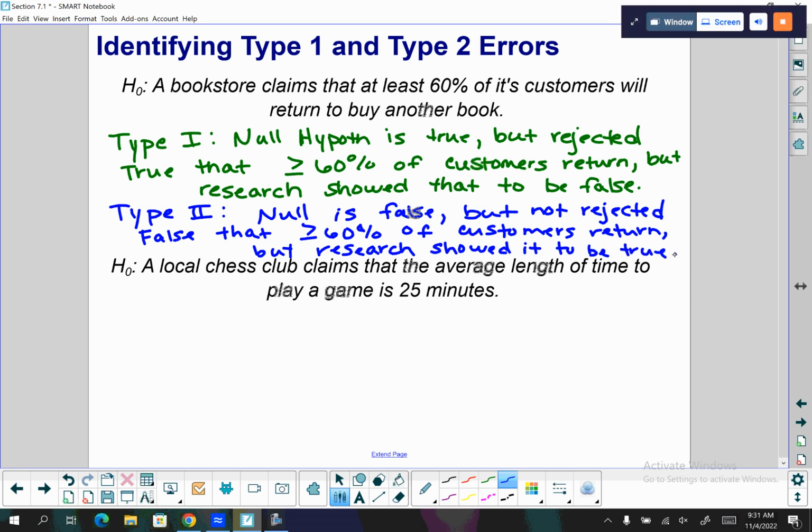Okay, so maybe they did a sample of 30 customers and 75% of those 30 came back to buy another book. So then they decided, based on that null hypothesis that was being made, we are not going to reject it. We're going to accept it.